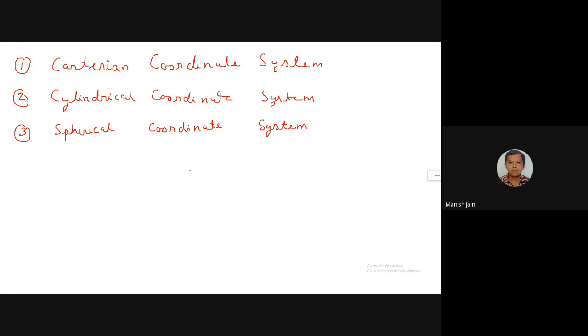Okay, these are the three types of coordinate system used in transport phenomena.